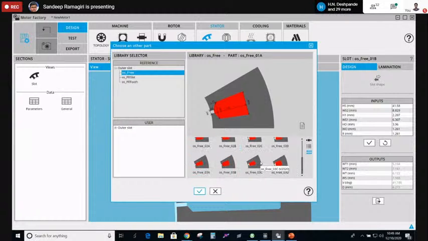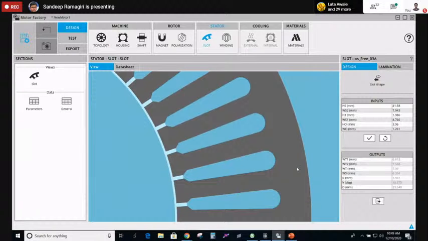Let me go down. This one I will select, and I'll bring it into the motor factory. I'll click OK. See here, I brought the slot shape. I just need to enter the structural data, and then we can do the simulation.